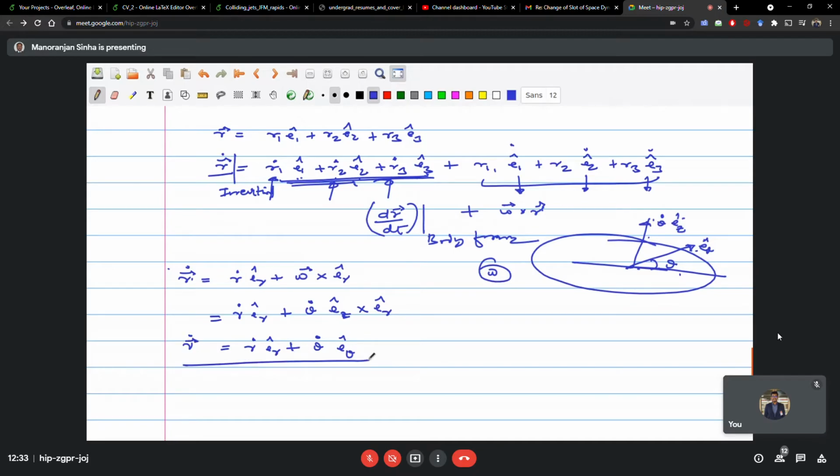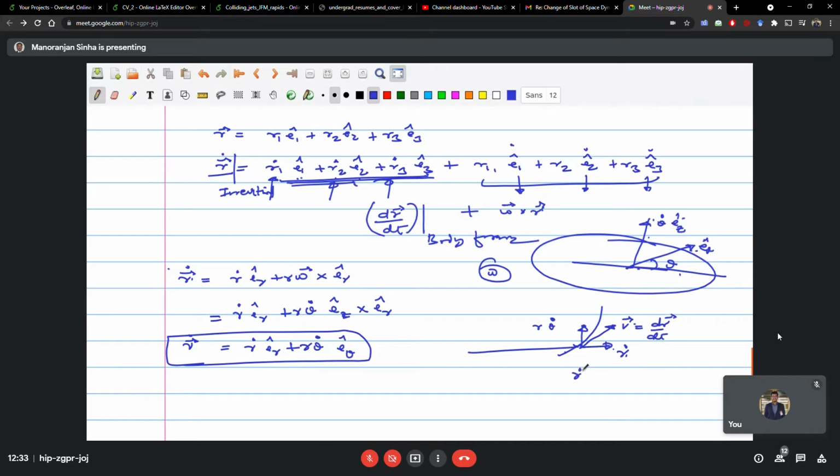And this is consistent, because if you have any trajectory, at any point you show a velocity vector, which is nothing but dr by dt. It will have two components, one along the radial direction, which we write as r dot, and another part, r times theta dot. So here r is missing, we put r.